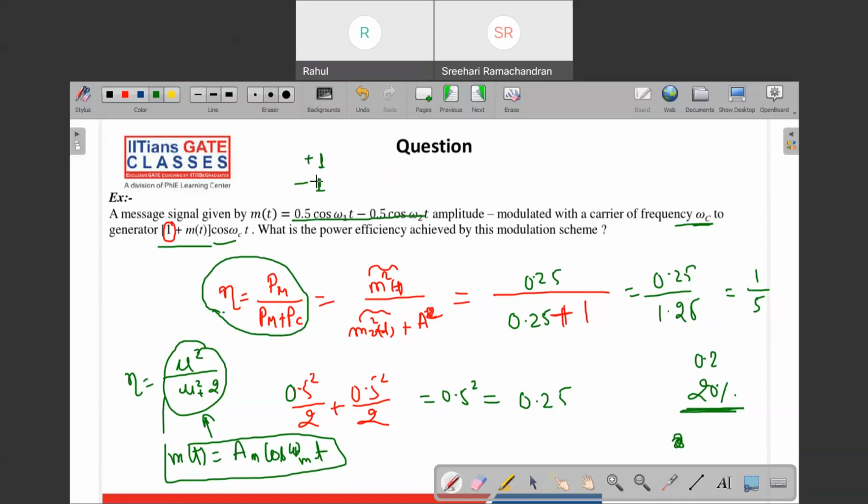Since these are the minimum and maximum values, your mu will be equal to 1 by 1, because A is 1, Am is also 1. So this will give us mu equal to 1. Once you put mu equal to 1 here, you'll get that 33% efficiency. But we know that from the general formula we are getting 20%. So if you use this formula, it will be the wrong answer, because you should use this formula only when we have a message which is in this sinusoidal form.